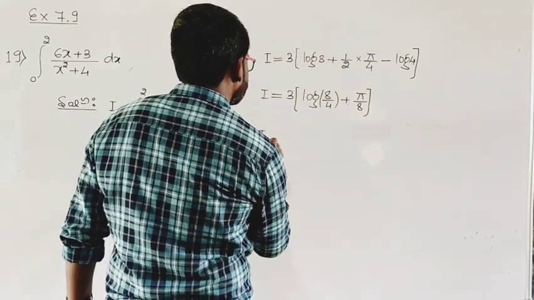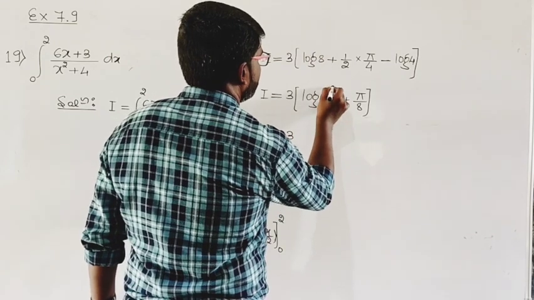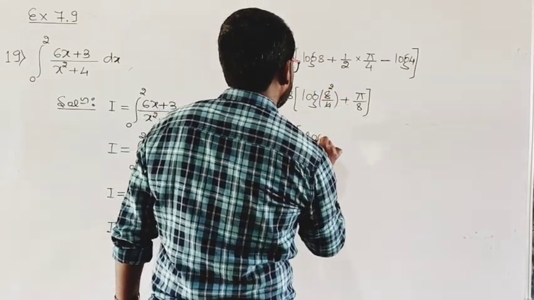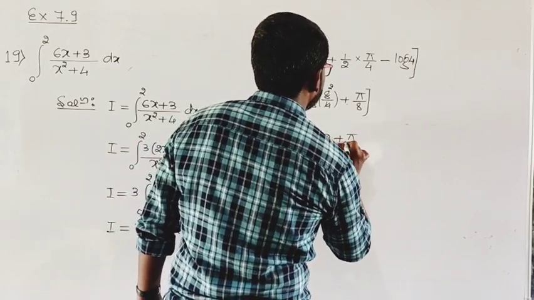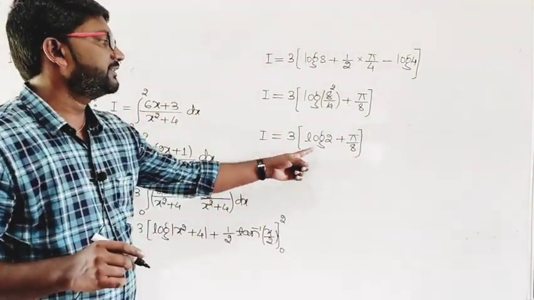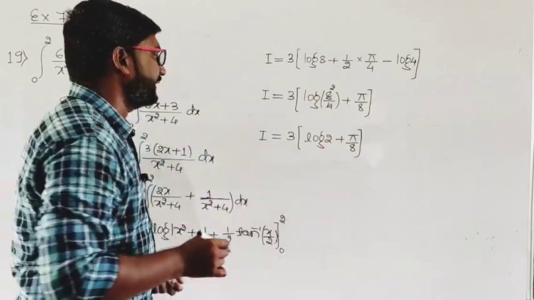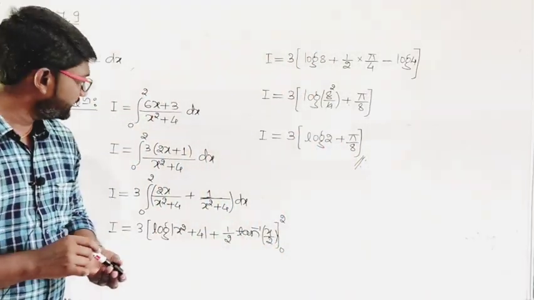Then I is equal to 3 times, 8 by 4 is 2, so log 2 plus pi by 8. Or else if you multiply 3 with these two terms we get 3 log 2 plus 3 pi by 8. So this is the required answer for the 19th problem.